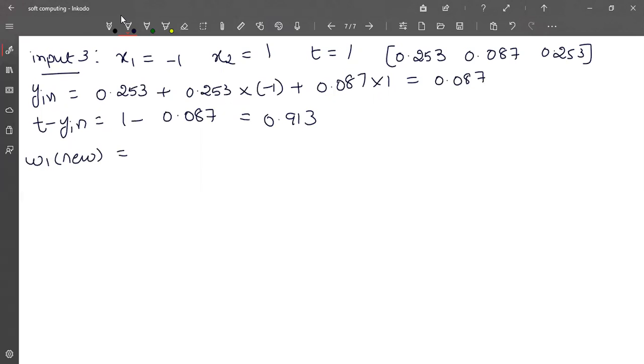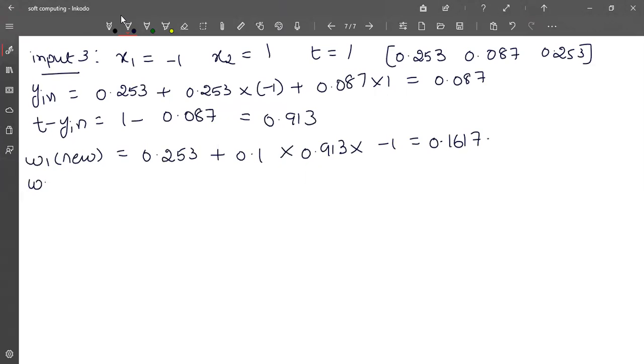New W1 is equal to old weight 0.253 plus alpha 0.1, T minus Y which is 0.913, into x1 which is -1. So this you will be getting 0.253 minus 0.0913. So 0.1617.